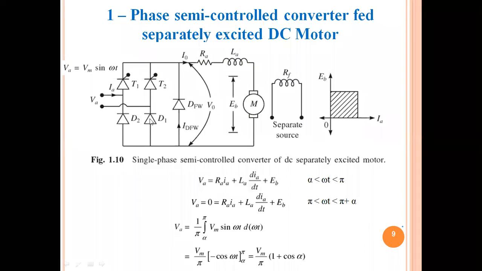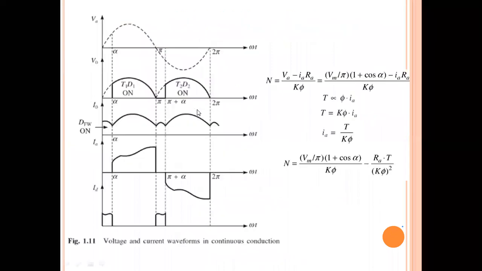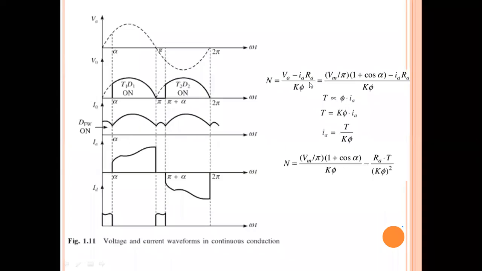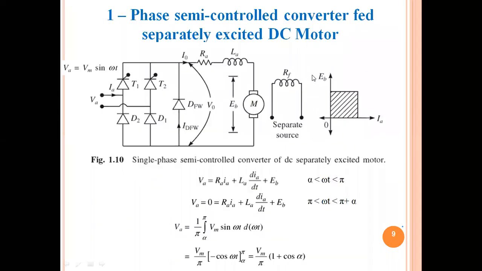Third point is its operation. Fourth point is the waveforms of the circuit diagram. Fifth point is the speed torque relationship, where you can see the derivation. You know all these things. And the last point is characteristics. So for each and every topic we are going to discuss all these things.